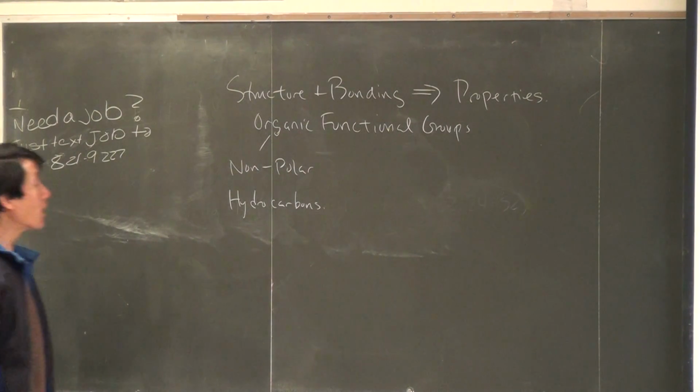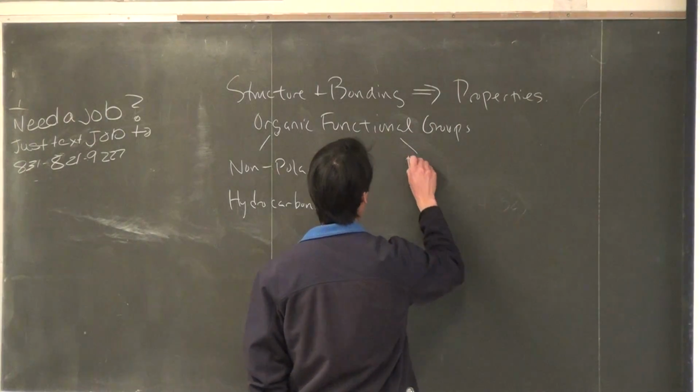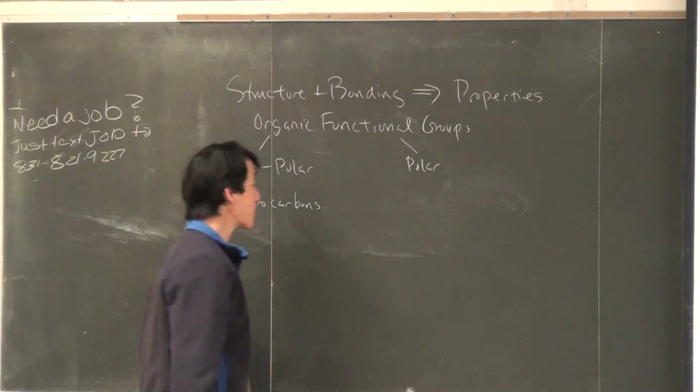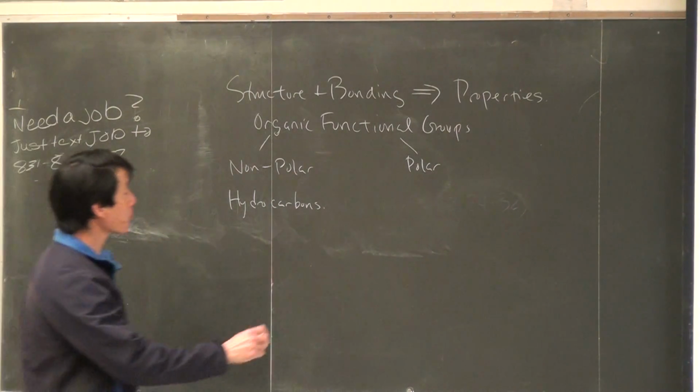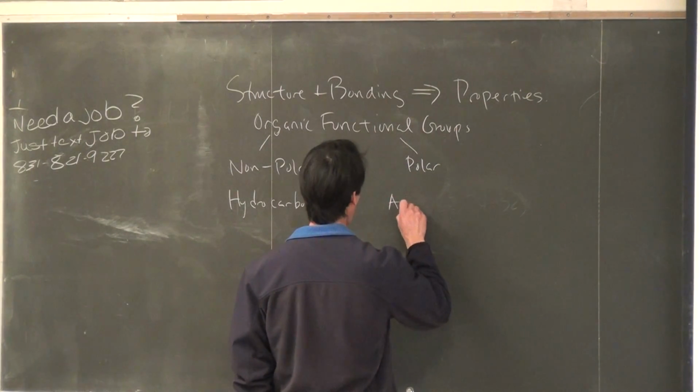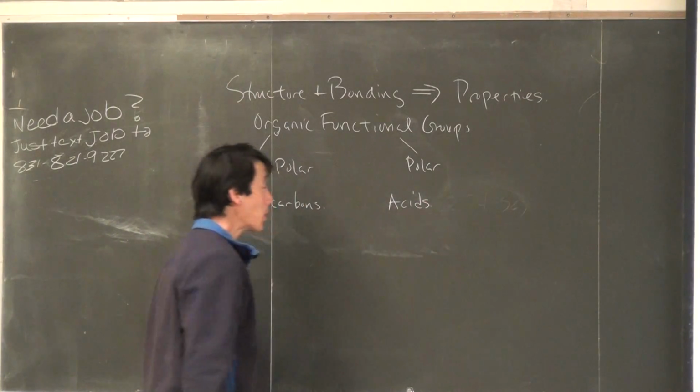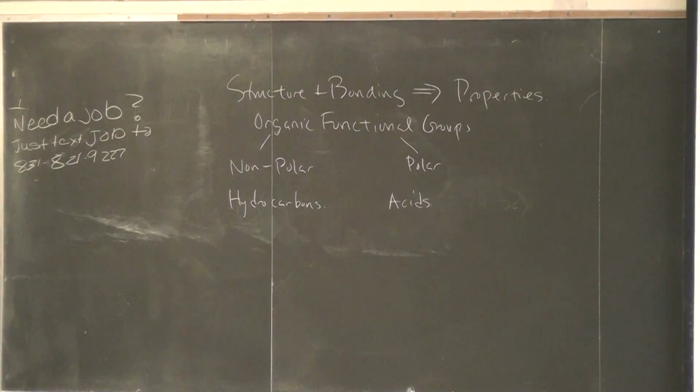And then there are polar functional groups. An example of a polar functional group would be the acids. So scientists and engineers can tailor or design substances which may be soluble in water or insoluble in water.